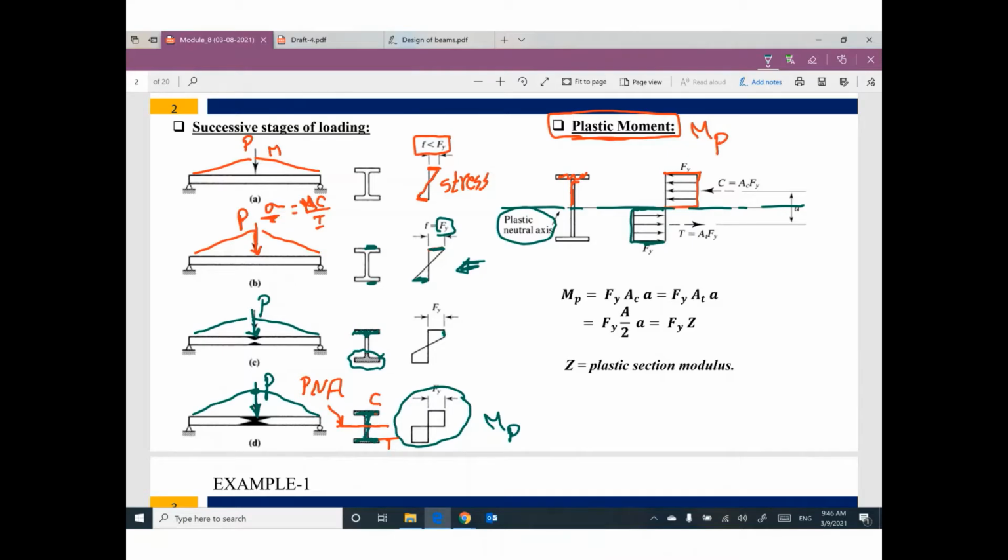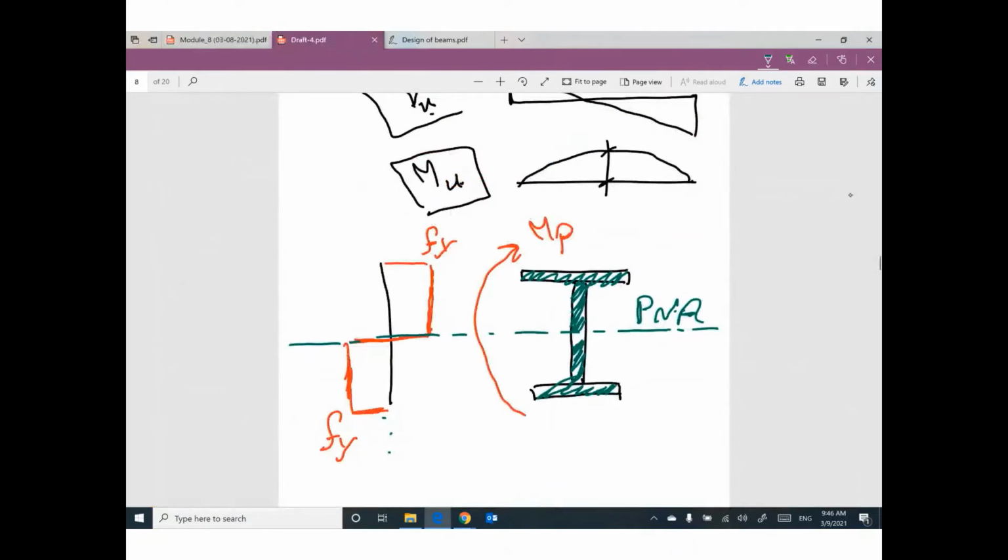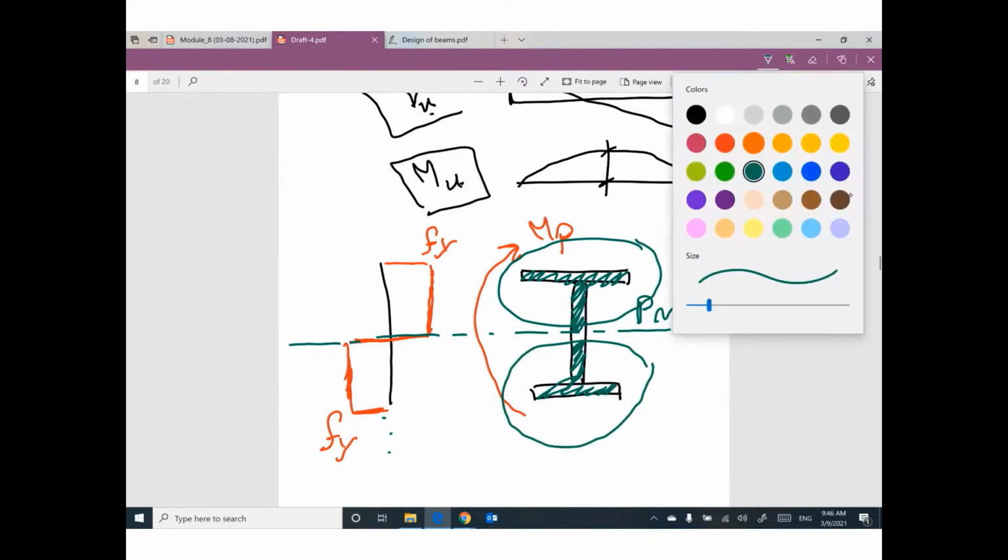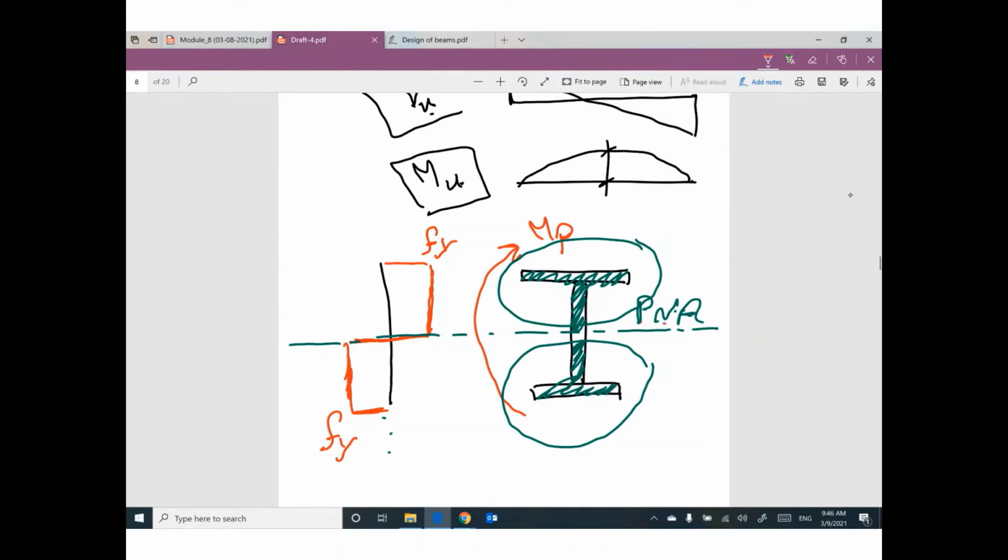Any questions? If your cross section is symmetric, this part exactly equals this part, and believe me, the plastic neutral axis will be at the middle point.